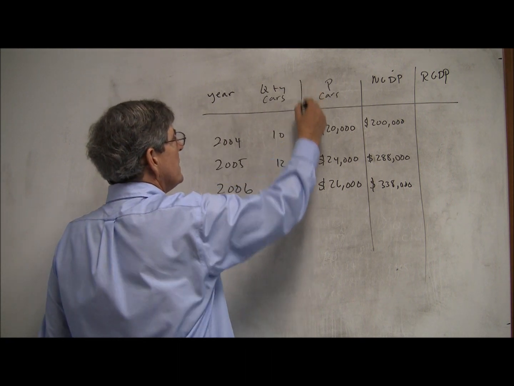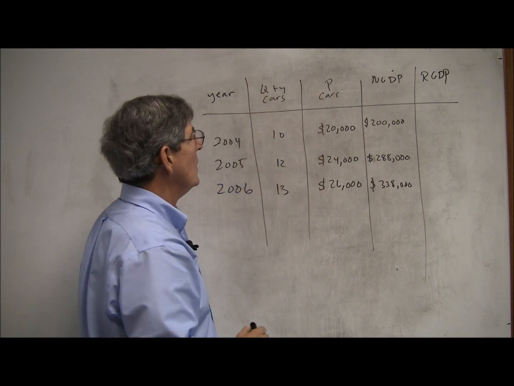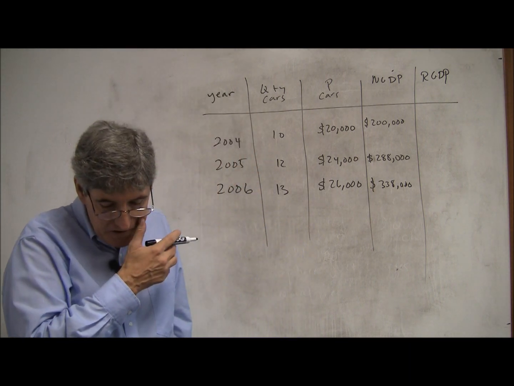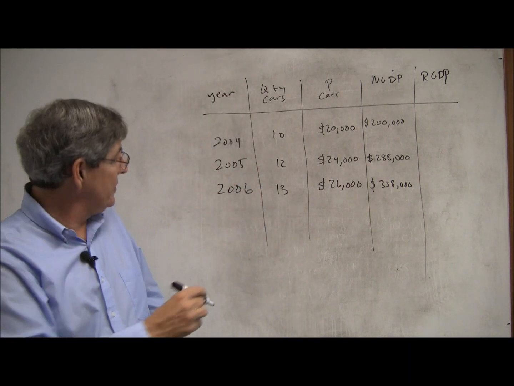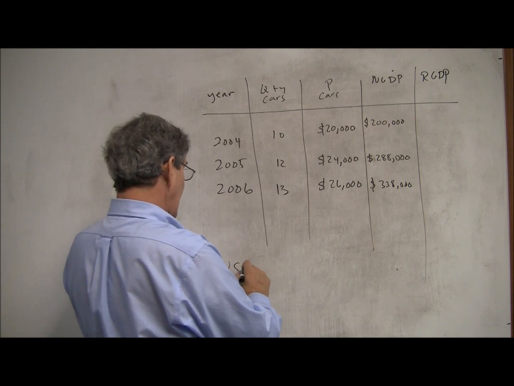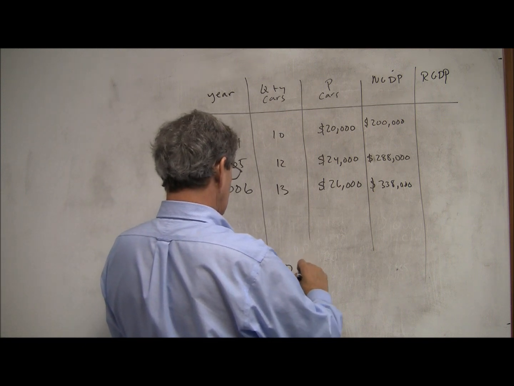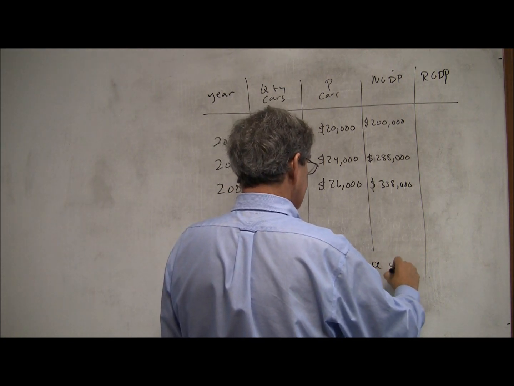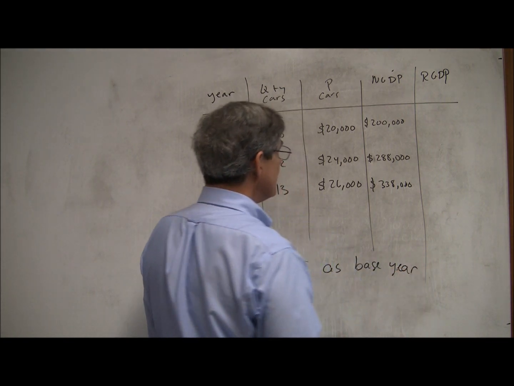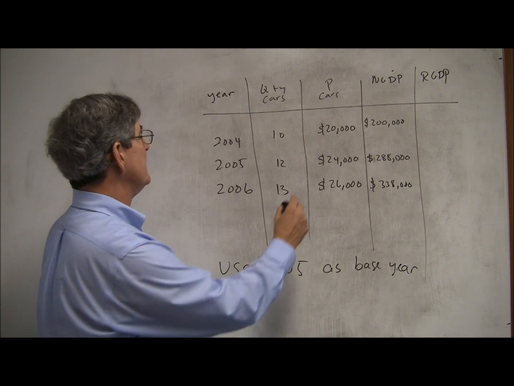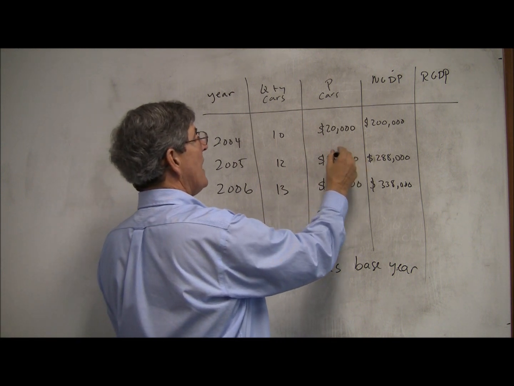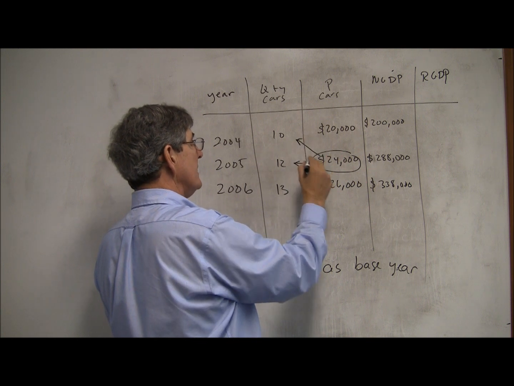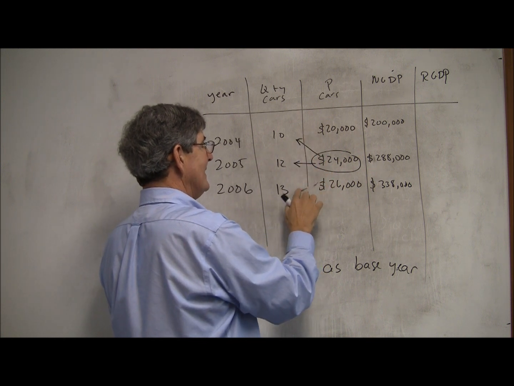If we want to measure real GDP, what should we do? Well, what you first have to do is pick a base year. We'll use 2005 as the base year. And so we're going to take the price in the base year, this 24,000, and multiply it by each of these quantities.